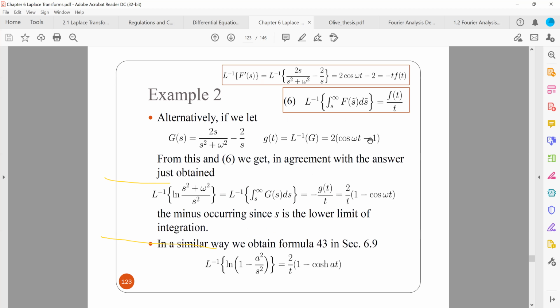Then from there, you can take the inverse Laplace, from the right side to the other side. When you take the inverse of this side, it's directly seen that the 2 will come out of the inverse, and you remain with the inverse of that one, which is hyperbolic cosine of at, minus 2.